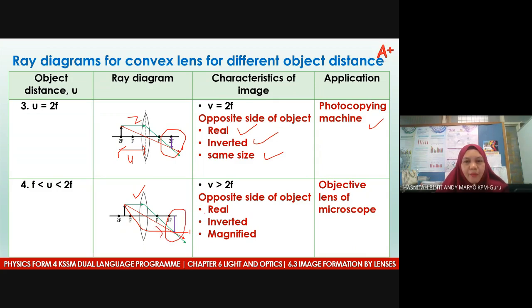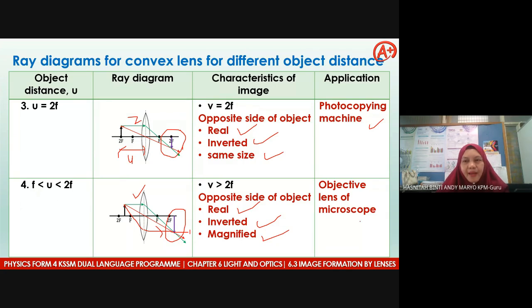Okay, so now our image is real. Why real? Formed at the opposite side with the object. Object is in front, image is behind, so it is real. Okay, and then inverted. Why inverted? Object is above, image formed below. And the size you can compare. So now the image is larger compared to the object, so we call the image magnified.